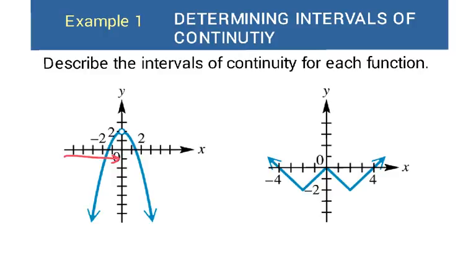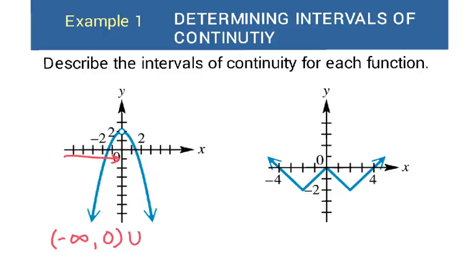So the way we're going to state this is, like I said, from negative infinity to that point on the graph that has the open circle, which is 0, if we're looking at the x values. Then we're going to put a parenthesis around that 0 to show that it's not included in this graph. And then we're going to union it with the rest of the graph.